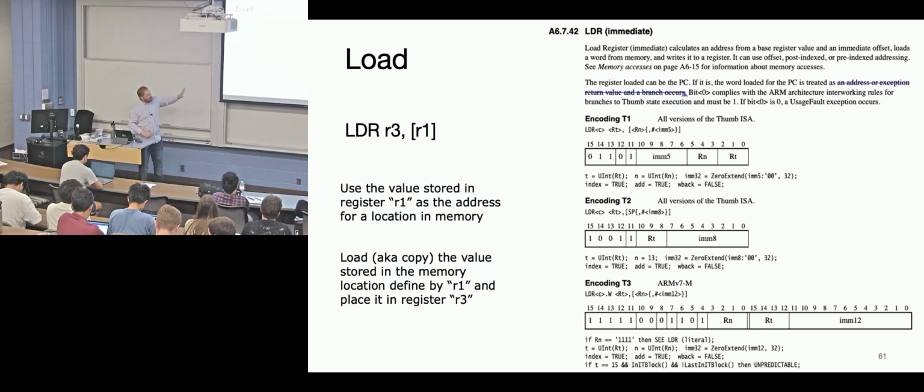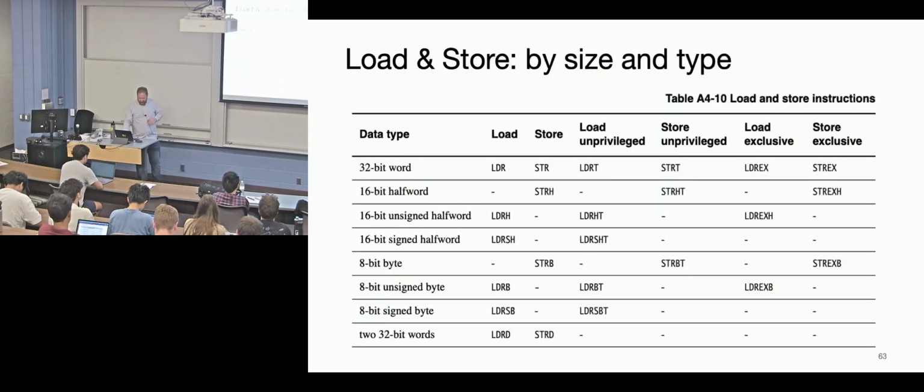And then there's a whole bunch of different encoding styles for immediates or for registers. Now there are lots of different versions of load and store because of the design choices the architects made about how memory is laid out. So you can do the standard load a 32-bit word, store a 32-bit word.